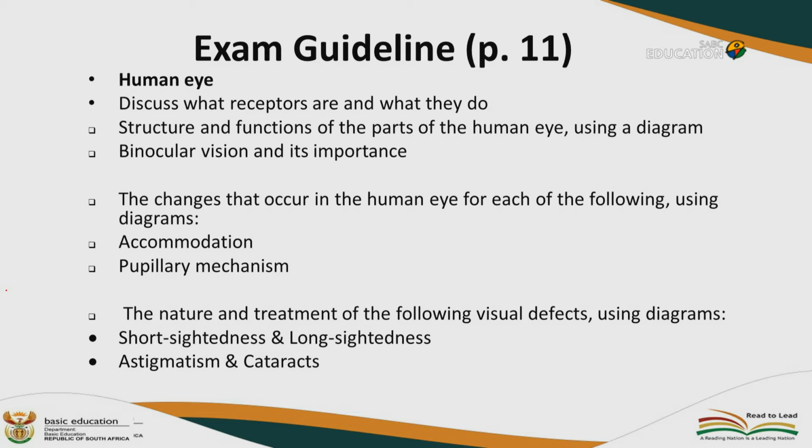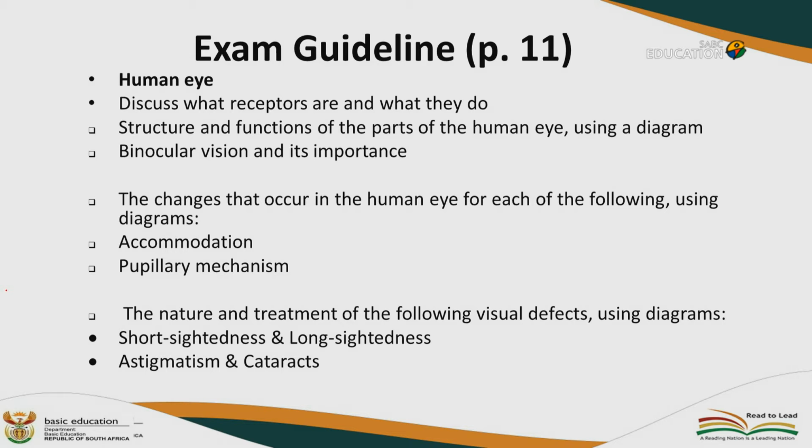Yes, you might not be good at drawing, but at least have a diagram in front of you. You can use the one in the Mind the Gap, appendix I, and you use it and you write on it, because whatever you wrote, my kids, you will never forget. We're going to look at binocular vision and its importance.